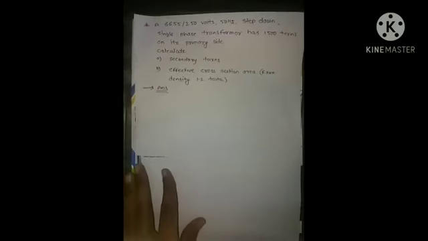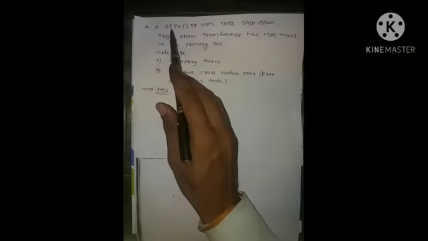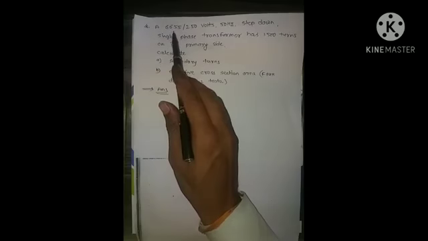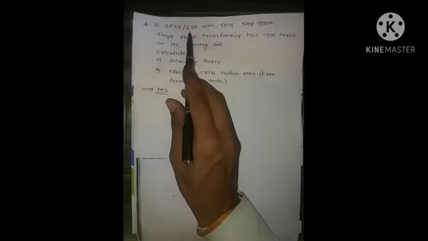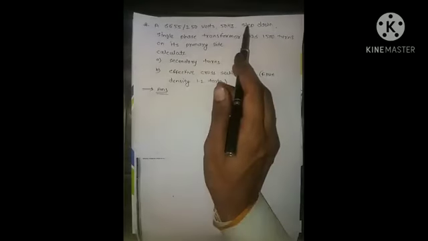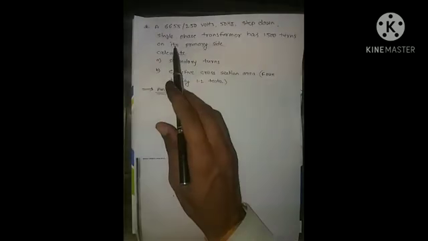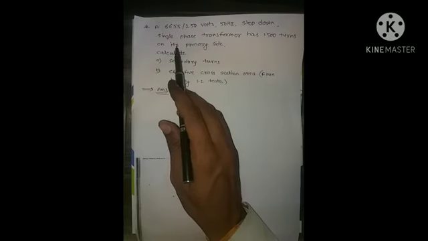Okay. Now we consider a second numerical. A 6655 upon 250 volt, 50 hertz step down single phase transformer has 1500 turns on its primary side.